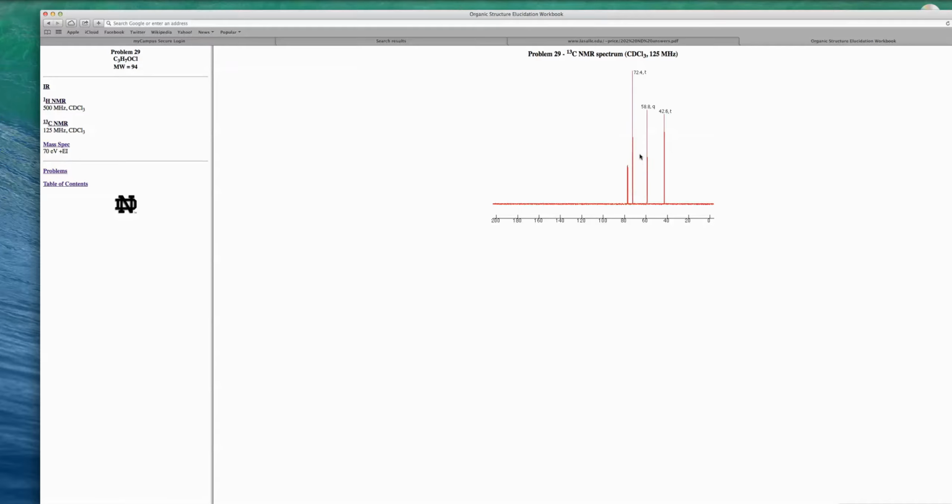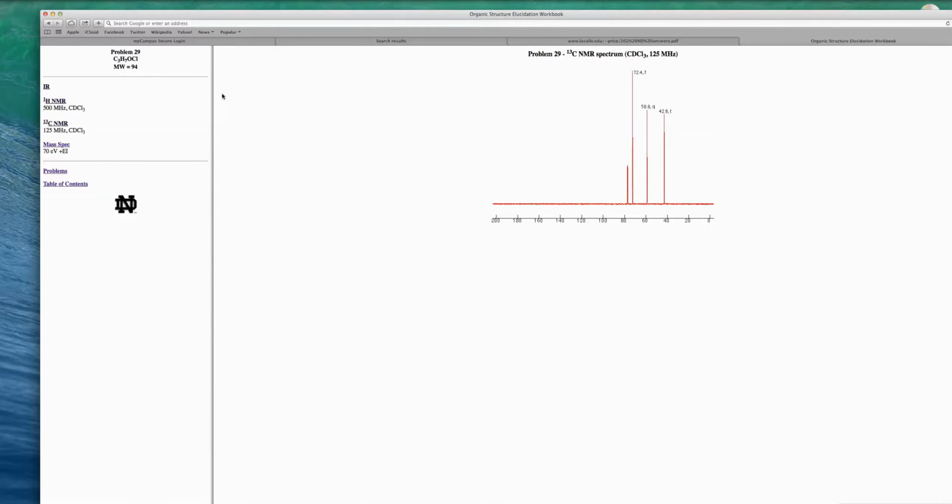And I do. I have what is called a triplet. I have a triplet. And I have what is a quartet. And what must be happening with the quartet is you're seeing some strange coupling with that oxygen atom.